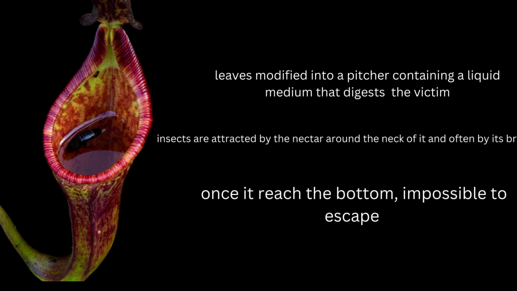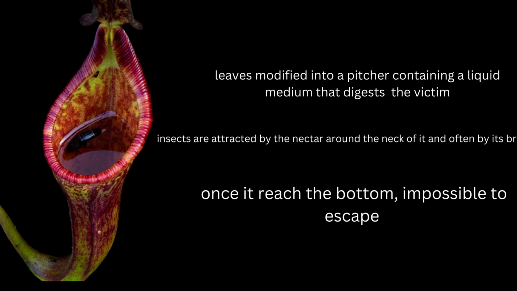Modified leaves are used as individual pitfall traps by many types of pitcher plants. Leaves are modified into pit-like structures. These traps often have a nectar-producing portion near the entry of the trap and may also be brightly colored. Both features attract insects. Downward pointing hairs can often be found inside these traps, which make it easy for insects to crawl in but much more difficult for them to get out.